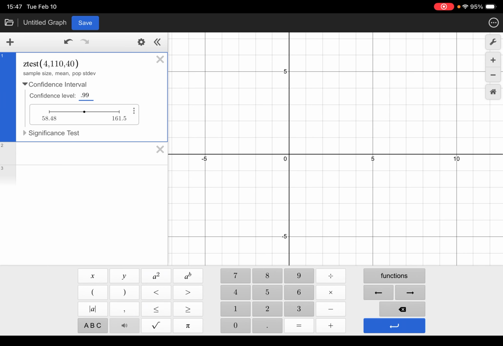So again, this is mean and this is standard deviation. Okay, so going back to Desmos, I'm going to go ahead and exit out of that, and I'm going to create a list. So I'm going to go ahead and label this list L. So L is equal to bracket, and then I'm going to type in my list from the problem.